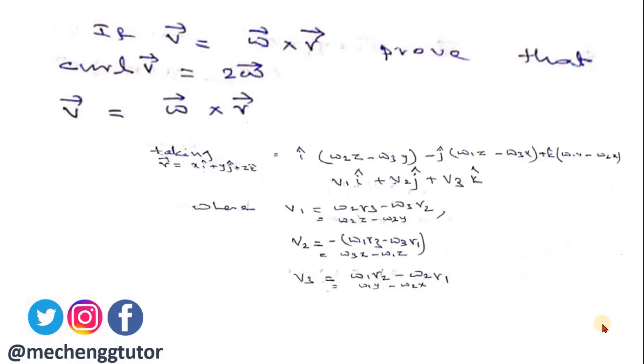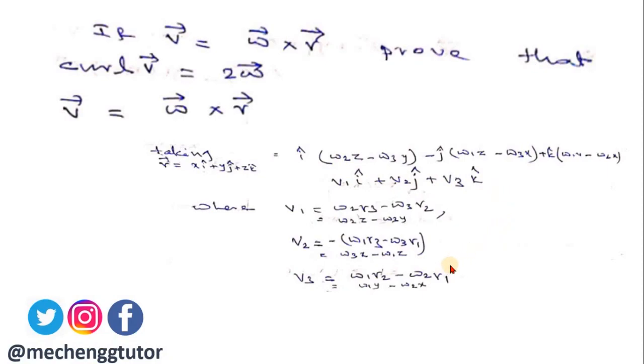Now let us take r bar equal to xi plus yj plus zk. So that's i into (w2 z minus w3 y), minus and so on, since I have substituted for r1, r2, r3. So you get v1 i plus v2 j plus v3 k.